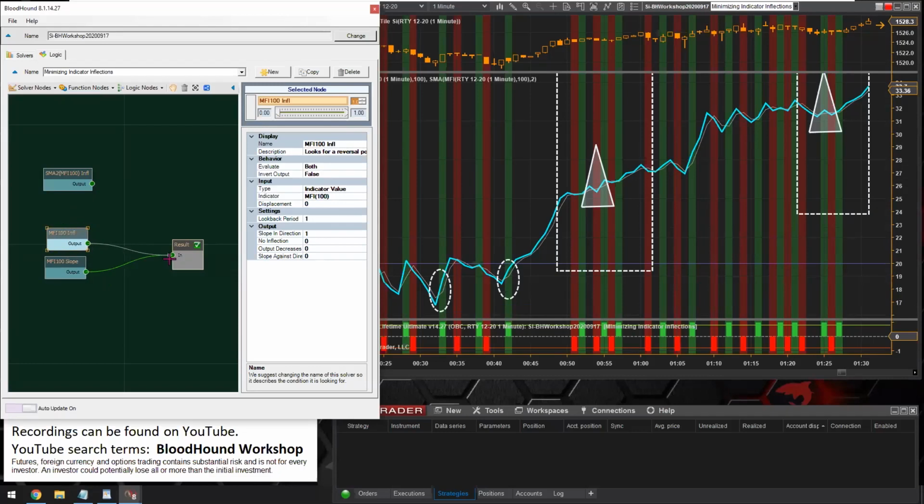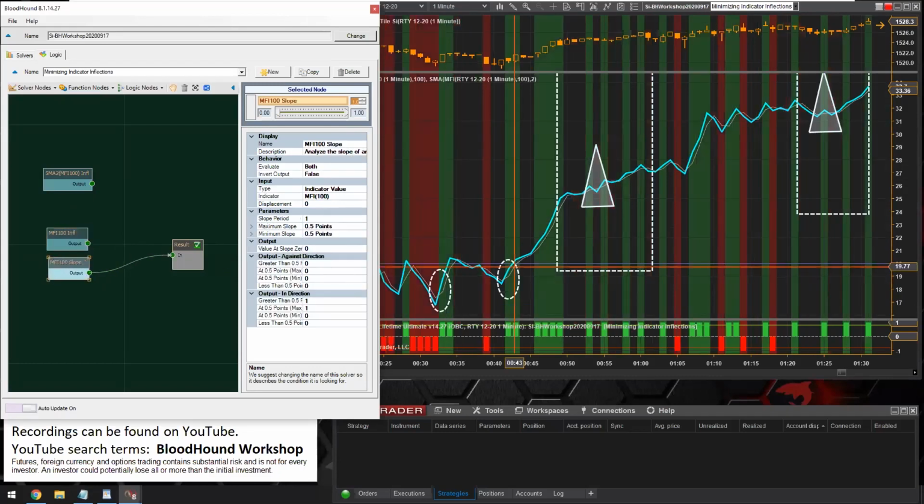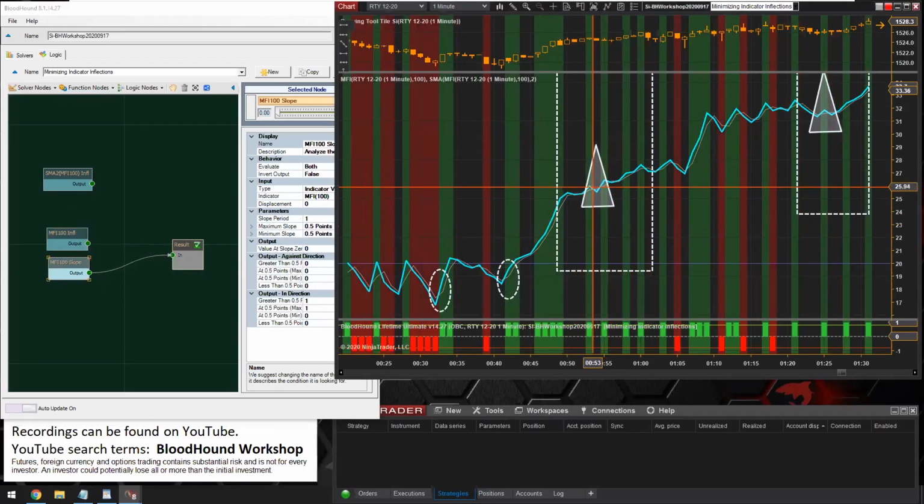So now if we look at the slope of the indicator, if I get rid of the short output, basically the sloping down, that's probably going to be good enough. We probably don't need to worry about getting rid of the long outputs of the slopes of the sloping up in these areas.